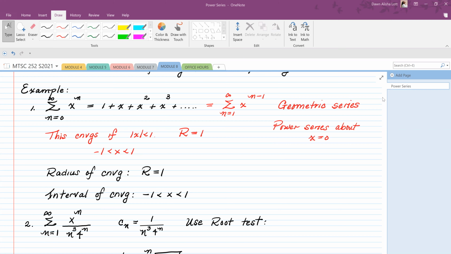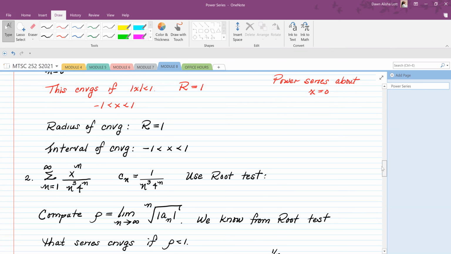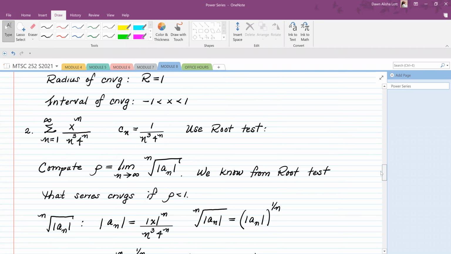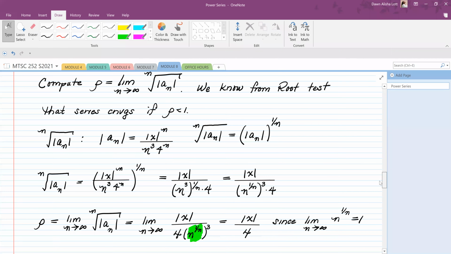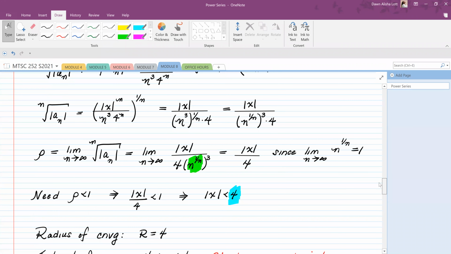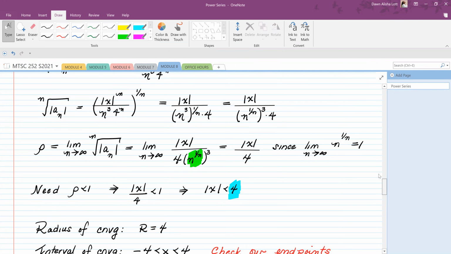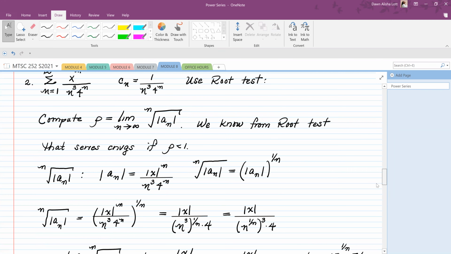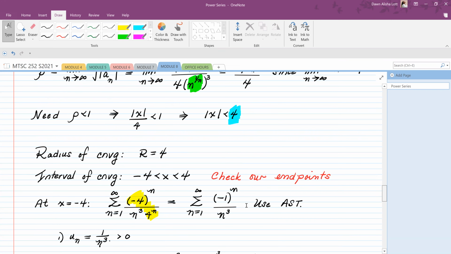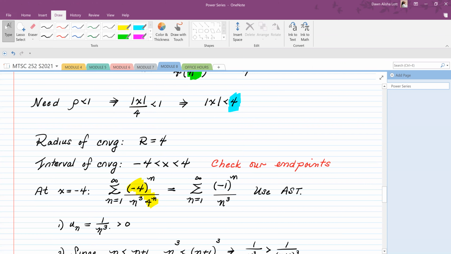Then in the second example, we fixed it so that rho being less than 1 meant that the absolute value of x over 4 is less than 1, so x is less than 4. So we got a preliminary interval of convergence, because we're not done until we check the endpoints.